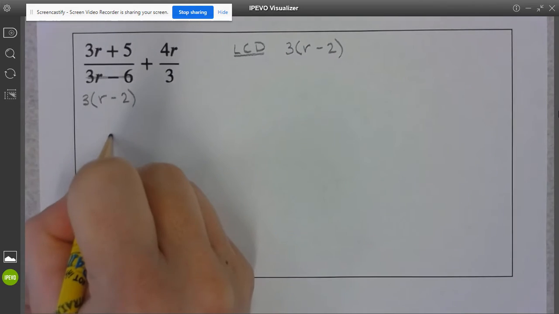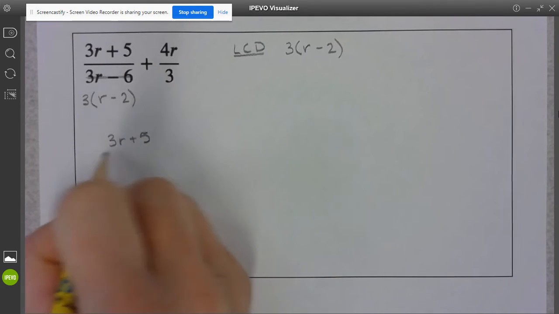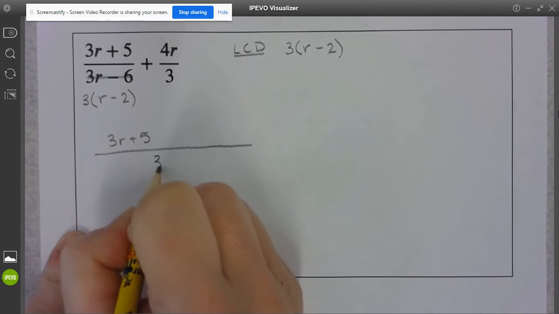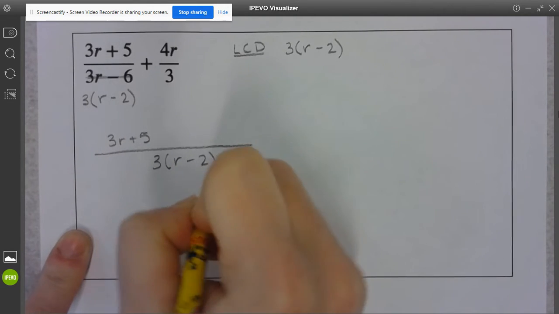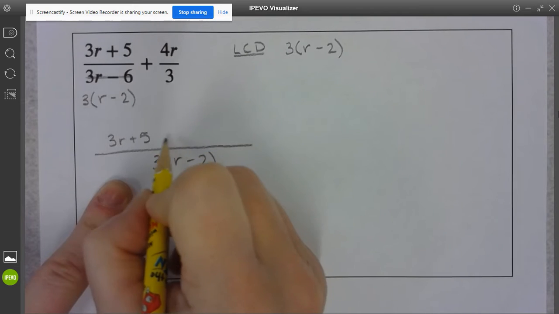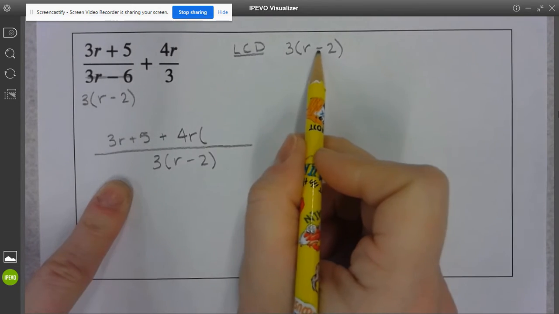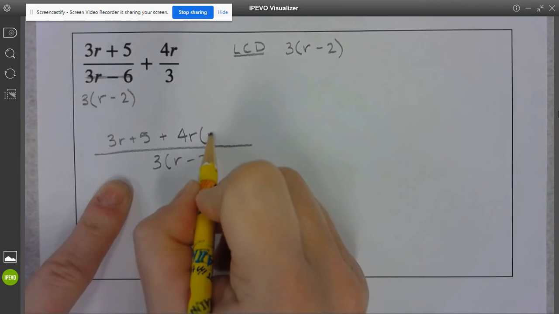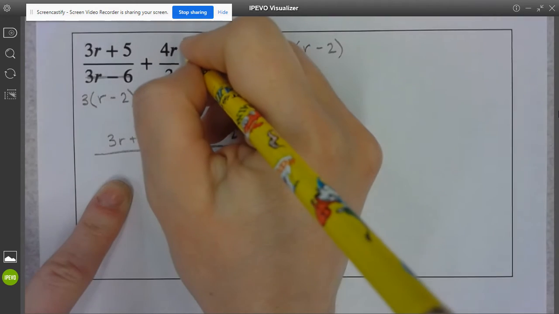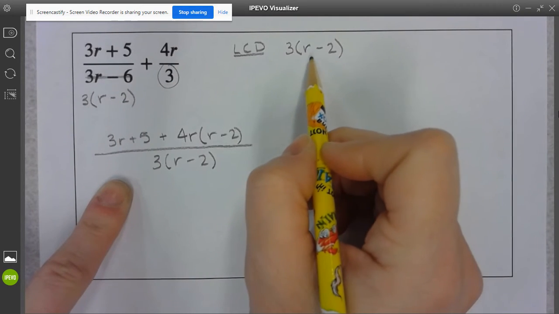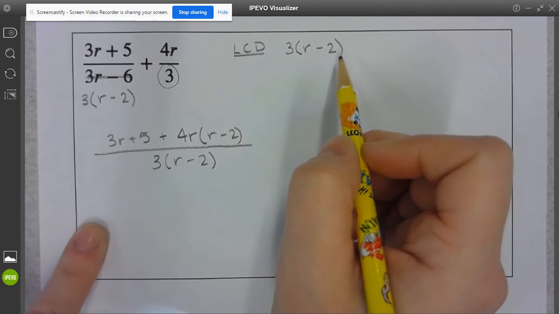So the first numerator isn't going to change at all because I already have that common denominator here. Now the second one has 3, but what it's missing is this r minus 2. So I needed to fix this denominator to look like that by multiplying by that r minus 2 that was missing.